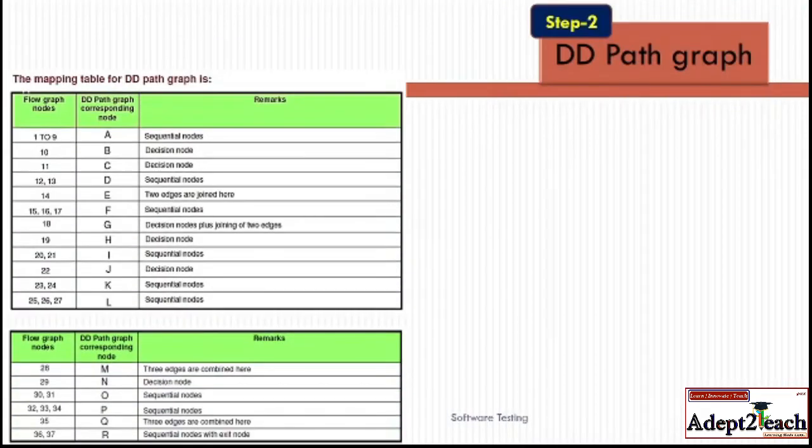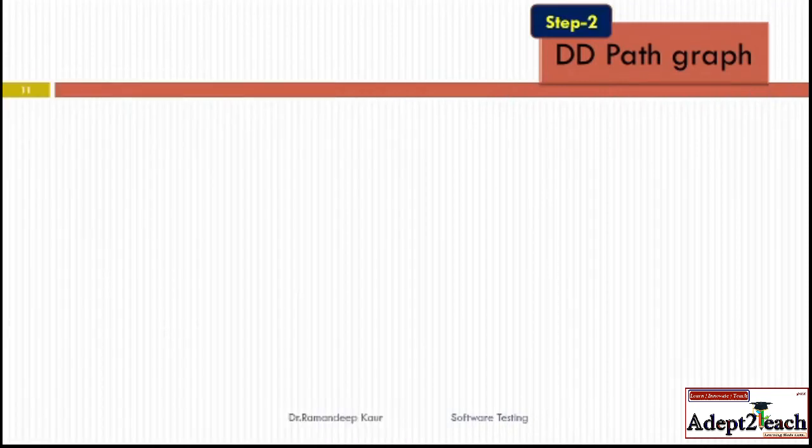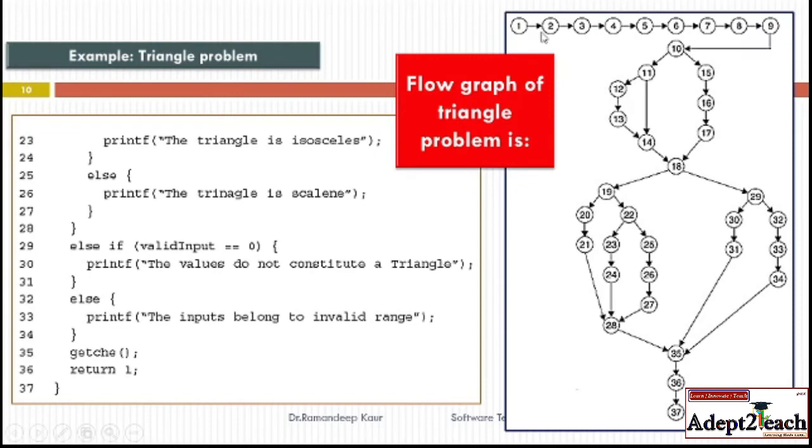Second step is we have to make a DD path graph looking at the previous graph. So if we see the previous graph, node number 1 is the starting node, and node numbers 2 to 9 can be my sequential nodes, or I can also write node numbers 1 to 9 as my sequential node. So I'm condensing those nodes so that my focus becomes my decision nodes. Decision nodes are those nodes which have two outgoing arrows.